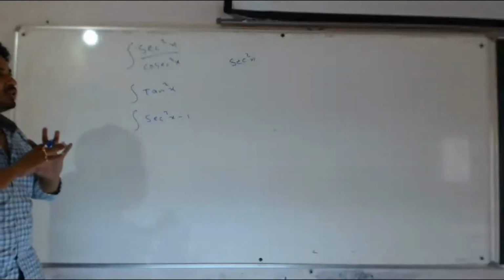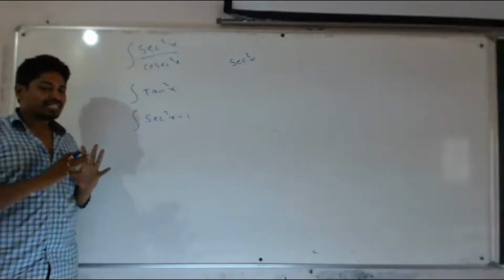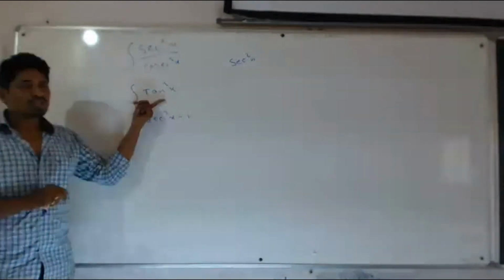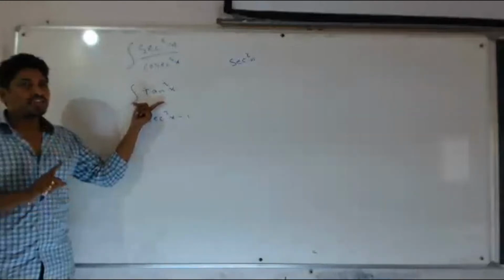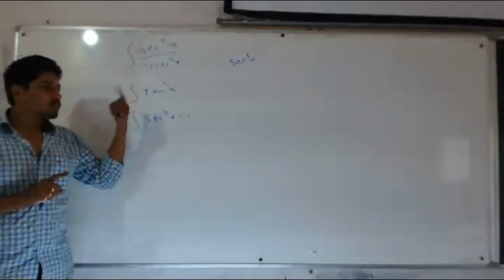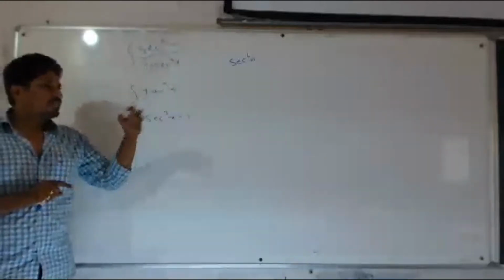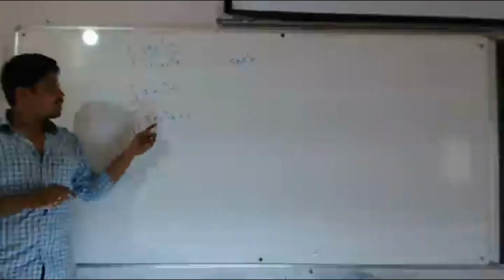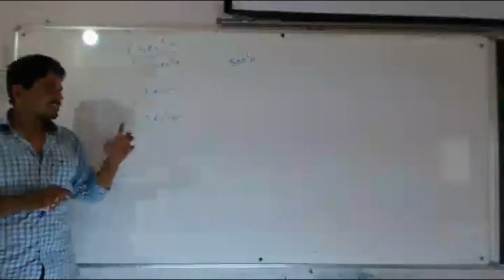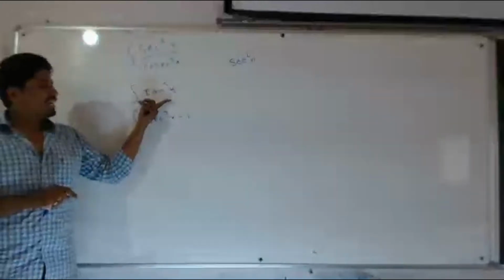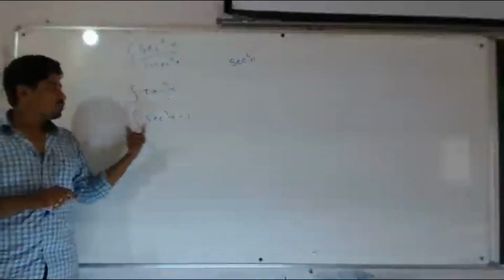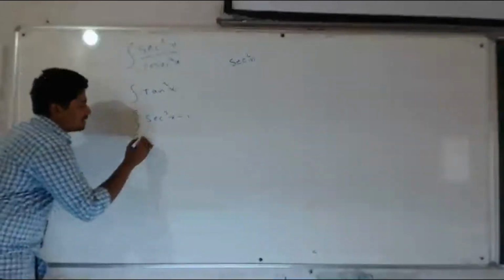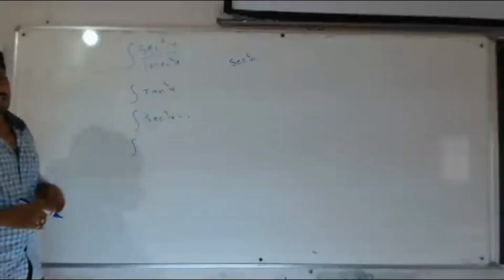Because we do not have the formula directly to find integral tan square x, in order to solve the problem, by using trigonometric identities we are converting tan square x into a form for which we know the integration. We don't know the integration for tan square, but we know it for secant square x minus 1, from yesterday's formula.